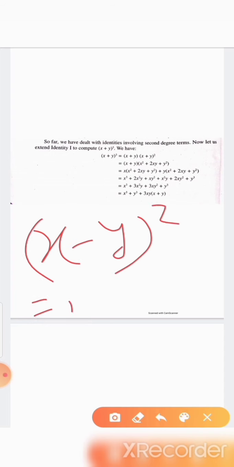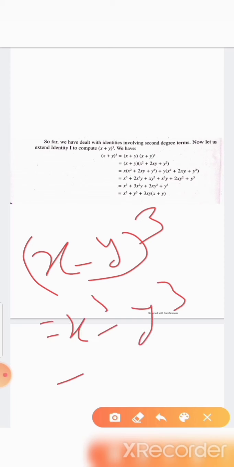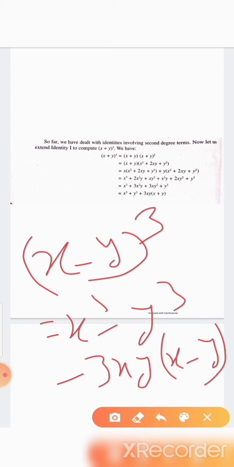Here is the expansion of identity number 7: (x plus y) whole square is x square... (x minus y) whole cube is equal to x cube minus y cube minus 3xy in the bracket (x minus y), because all we do is change the sign of y.